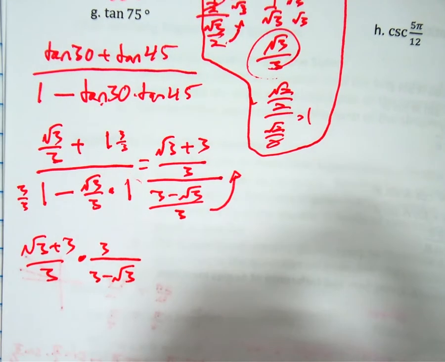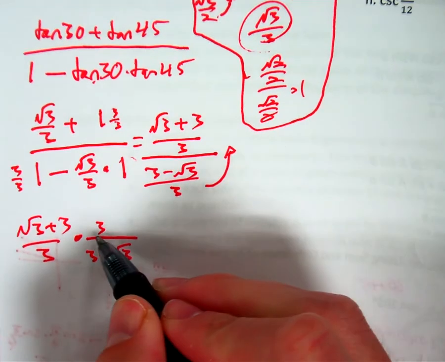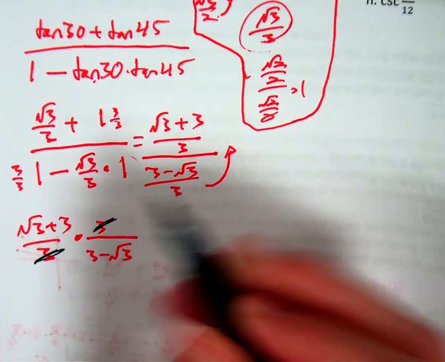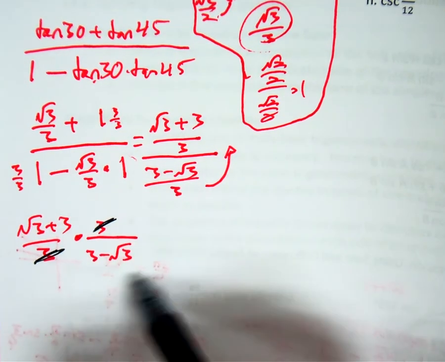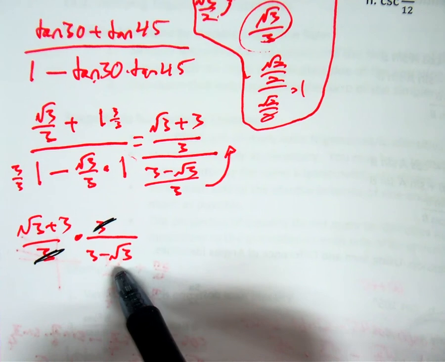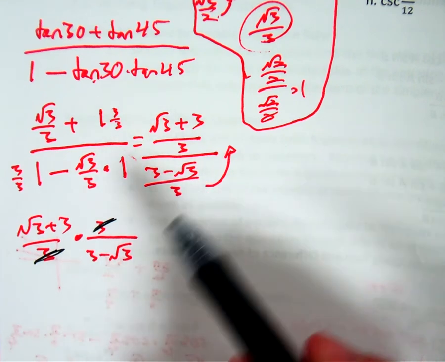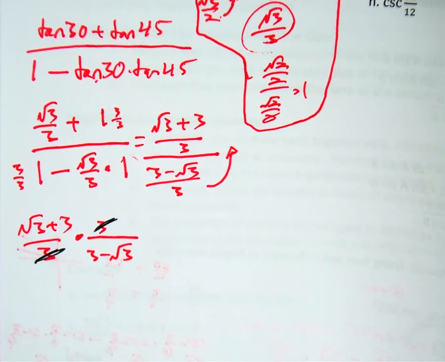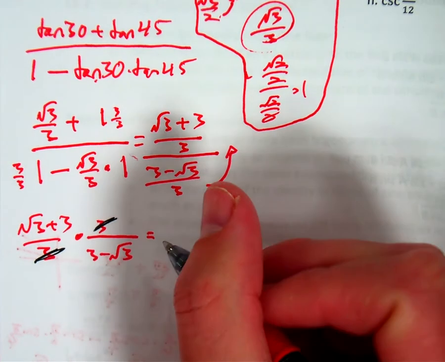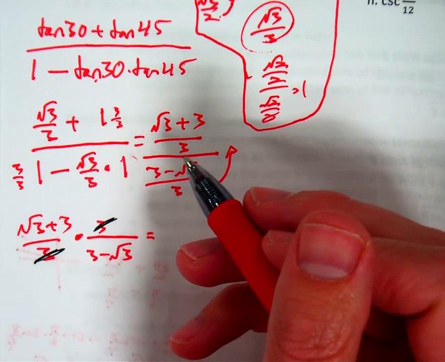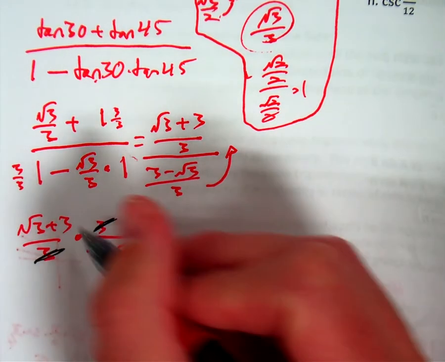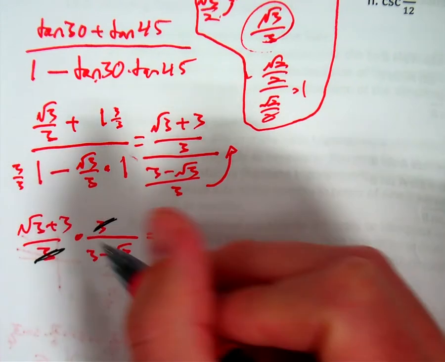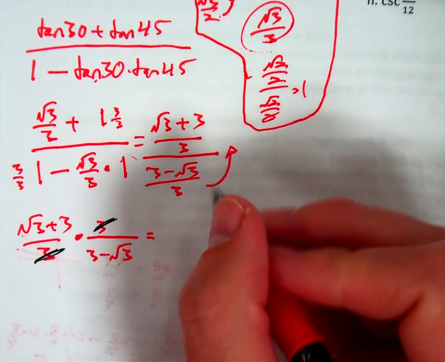The only thing we can cancel is the 3 on the top and the 3 on the bottom is by itself. We can't start cross-canceling with plus and minus stuff, okay? It's got to be multiplication or basically be the only thing on top and the only thing on the bottom. If there's a plus and a minus with it, now we can't cancel, unless it was the whole group, which it's not because this is a plus and this one's a minus.